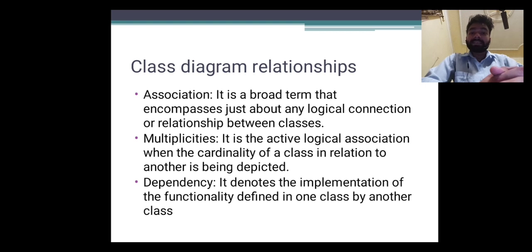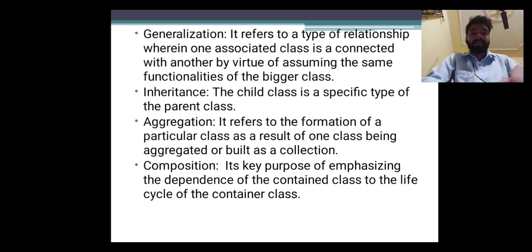Now next is multiplicities. It is the active logical association when the cardinality of a class in relation to another is being depicted. And next is dependency. It denotes the implementation of the functionality defined in one class by another class. And next is generalization.